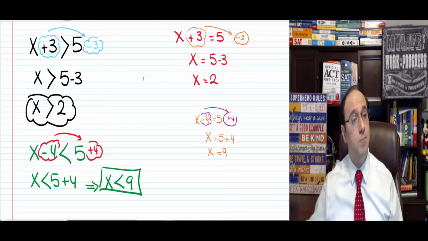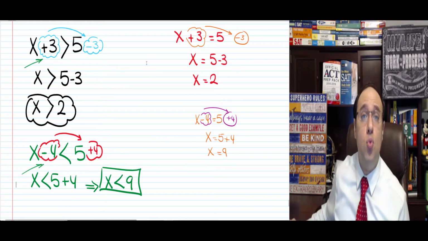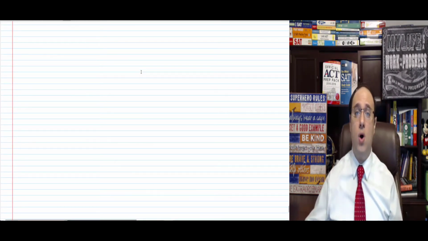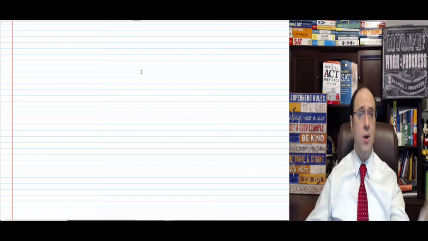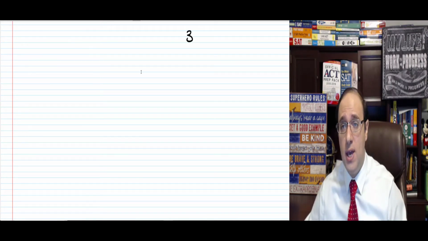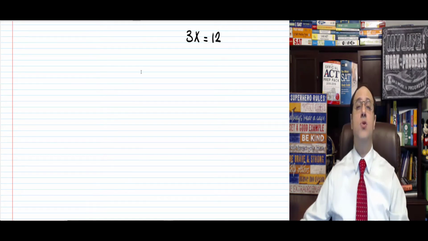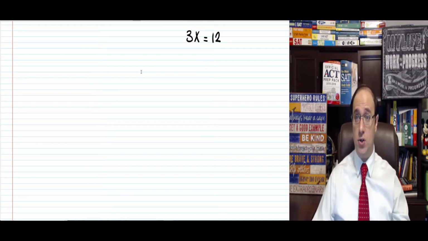Okay, let's go further. Here we did one with a plus. Here we did one with a minus. Let's do one with multiplication and one with division. Okay, go to the right of the page, please. When I had 3x equals 12, how did I used to do this when it was just an equation?